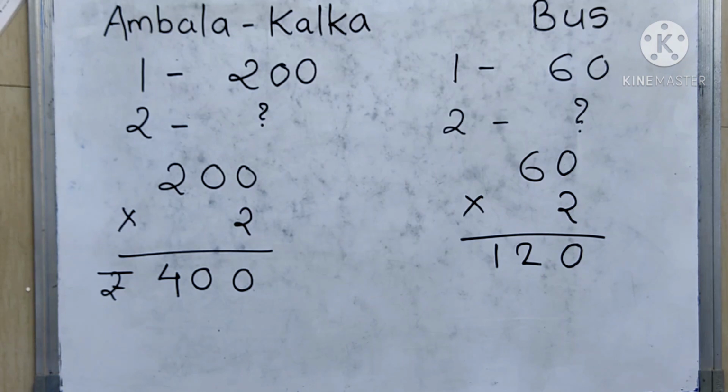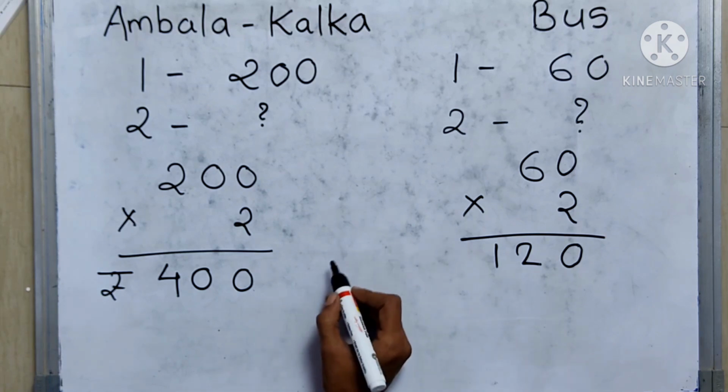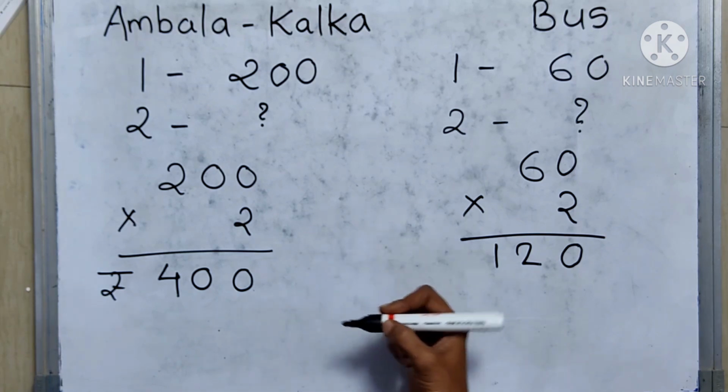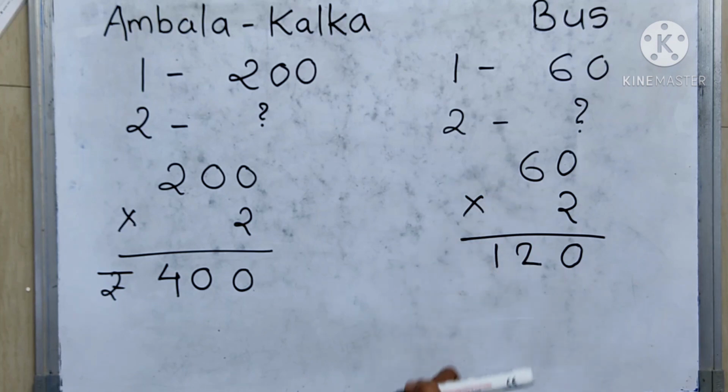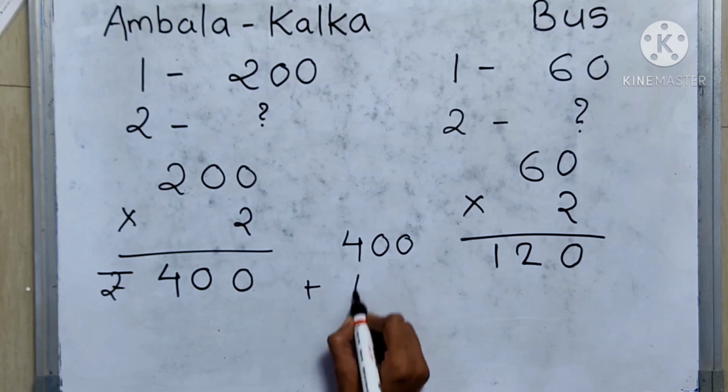We have to find out how much money did they spend to reach Shimla. It means we need to add this 400 and this 120 rupees. So here we will do the addition, children. You can do it in your notebook properly. I am going to add this 400 plus 120.